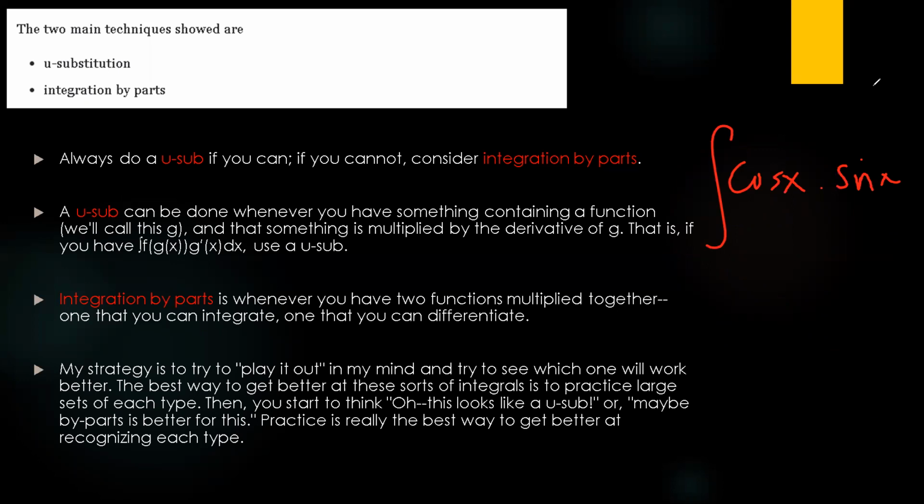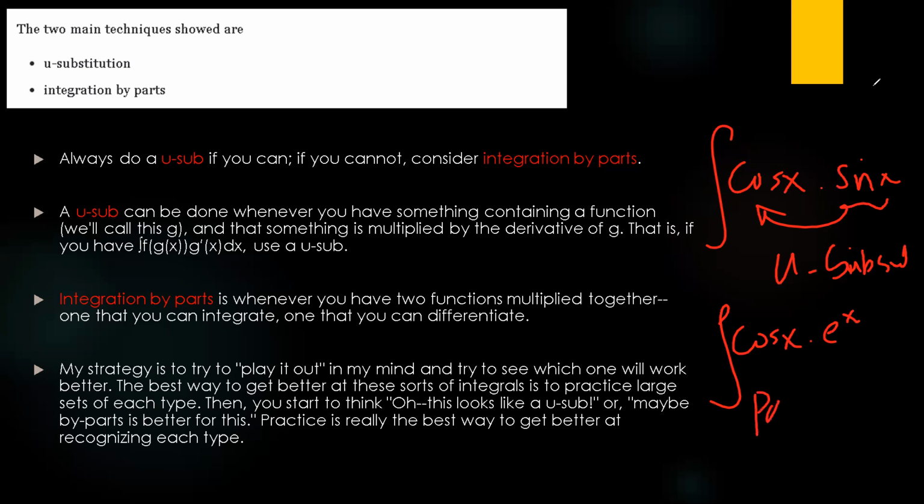Ask yourself, is there a derivative and an integration between them? Yes. The derivative of sine is cosine, so I will use U substitution. But if you have cosine and e to the power x, there's no relation between them. So I will use integration by parts.